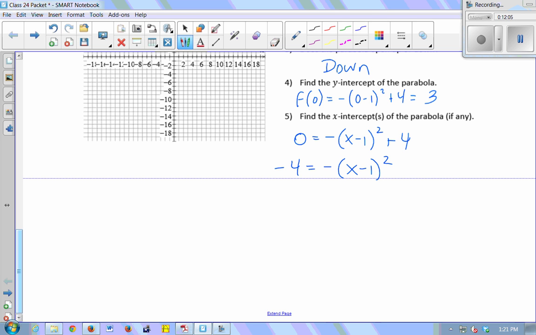Okay, now what? If I divide by -1, I can get rid of all my negatives. That would be nice. So 4 is (x minus 1) squared. Good. Square root. Yeah, I can undo that square by square rooting. And so the 4 becomes plus or minus 2 when I square root it. And then (x minus 1) squared square rooted is just x minus 1.